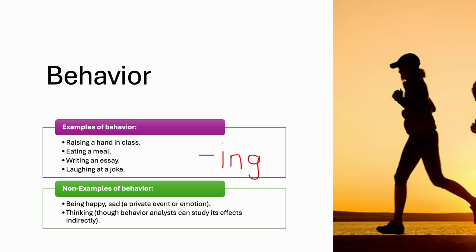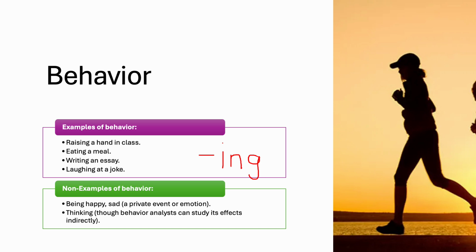So you want to be very cautious when you are attempting to define a behavior, that you are defining it in a way that is consistent with an action. Okay, so laying down is not necessarily an action unless you're engaging in that behavior of laying down. But if you're already in a position where you're lying down, then that doesn't necessarily classify.